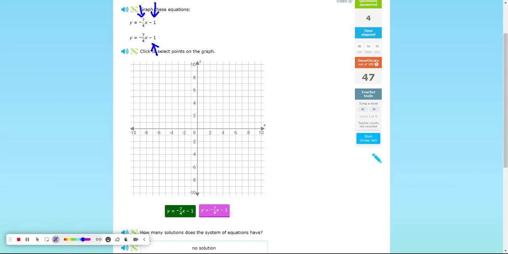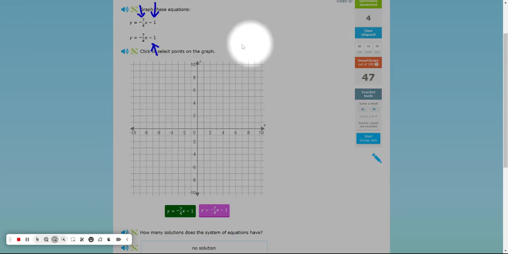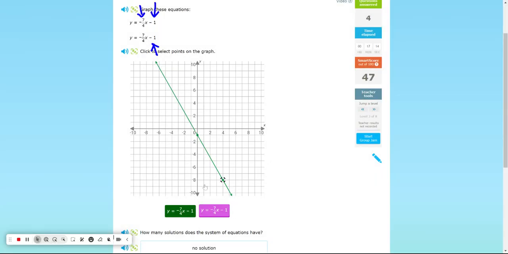Okay, so you can see over here, let's go and get my tool. Here we go. So for the first line I start the b at negative 1. Then I go down 7, and then go to the right side 4. The slope m right here equals negative 7 over 4.